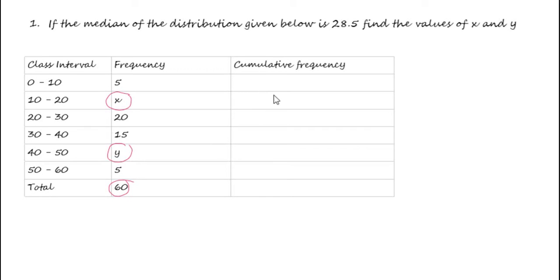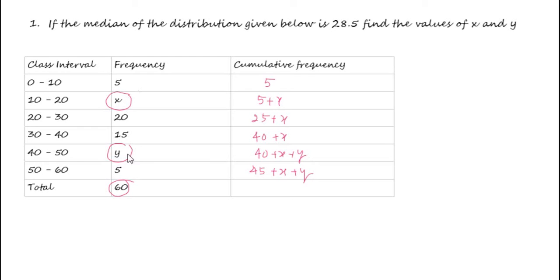We need to find out first the cumulative frequency. So here first item is 5, next is 5 plus x plus 20, so it is 25 plus x, next is 25 plus x plus 15, 40 plus x, next is 40 plus x plus y, then 45, that is this plus 5, 45 plus x plus y.